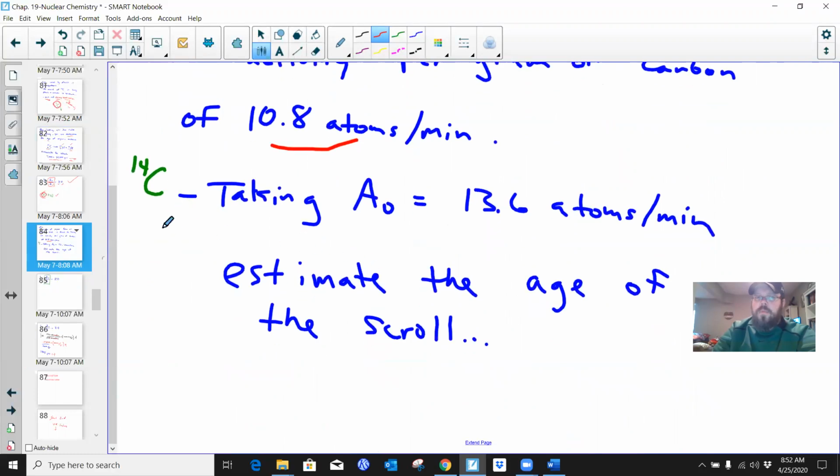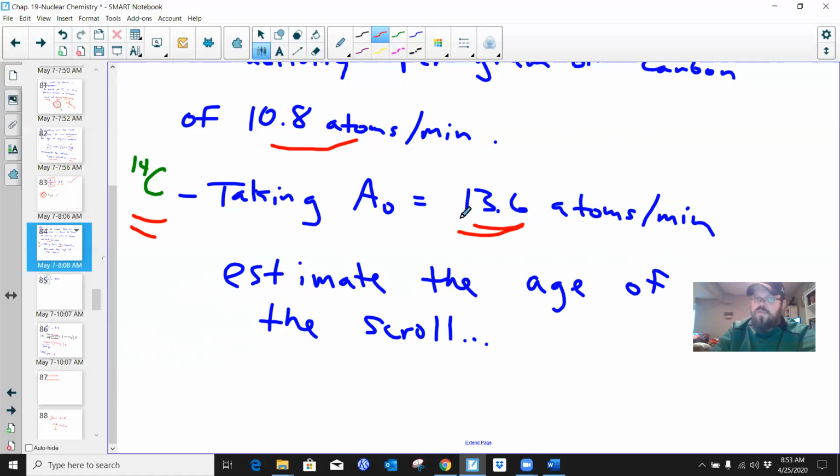Now, carbon-14 in living organisms, the activity of carbon-14 beta decay is 13.6 atoms per minute.